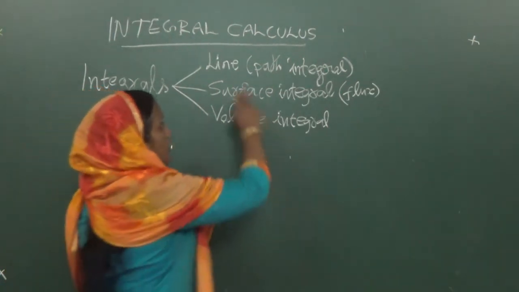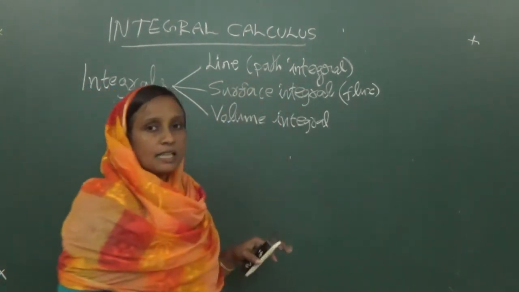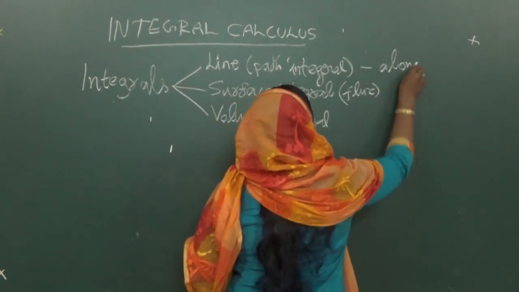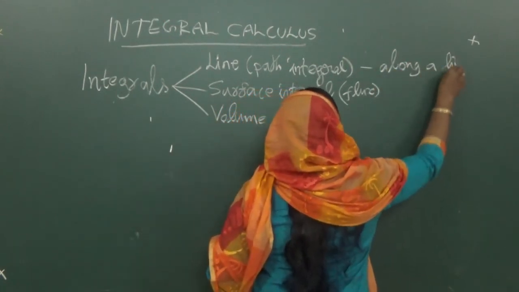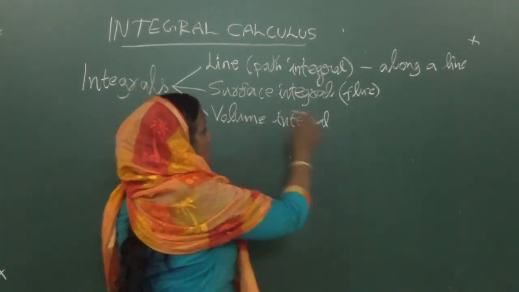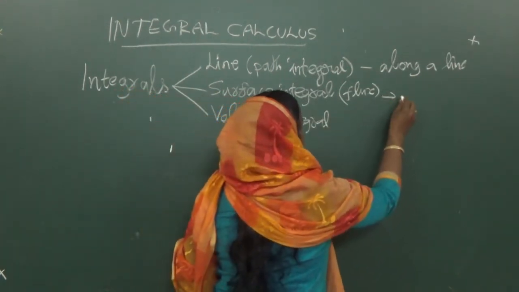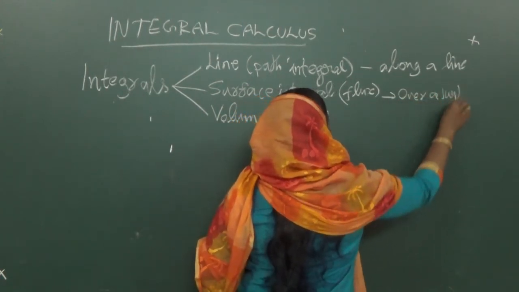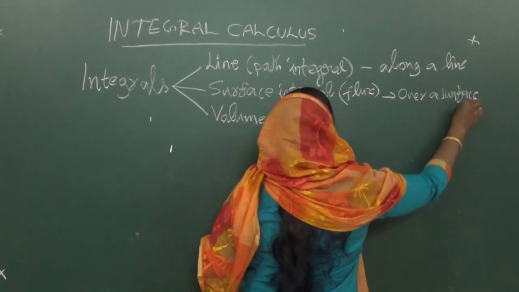Actually, in the first case, the line integral is along a line. In the second case, the integral is over a surface, so it is called surface integral.